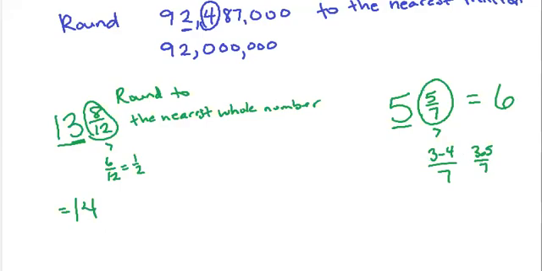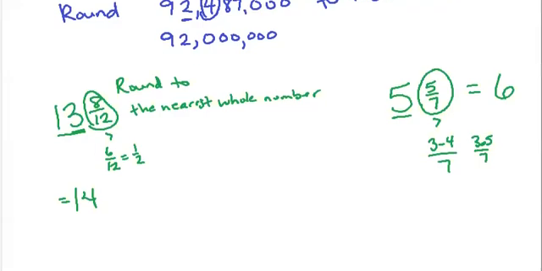Rounding can help us estimate the answers to arithmetic problems. Estimating is a quick and easy way to get close to an exact answer. Sometimes a close answer is good enough, but even when an exact answer is necessary, estimating helps us determine whether our exact answer is reasonable.